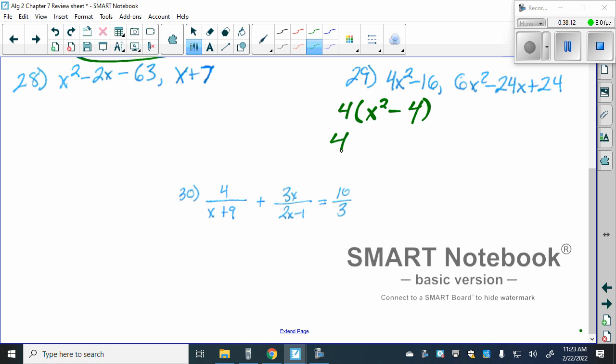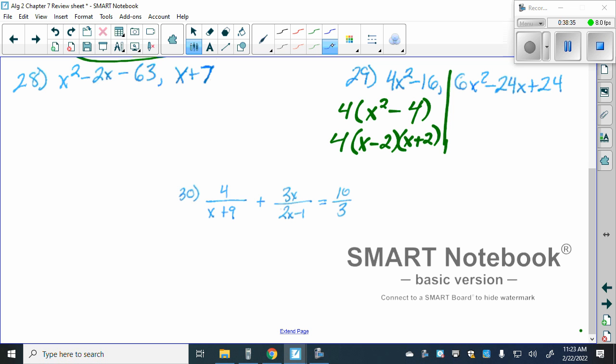Well, x squared minus 4 is still a difference of perfect squares, which would be our x minus 2 and x plus 2. And that would be simplified because for each one of the x minus 2 and x plus 2, the degree is 1. We don't have an x squared anymore. So that is factored into simplest form.